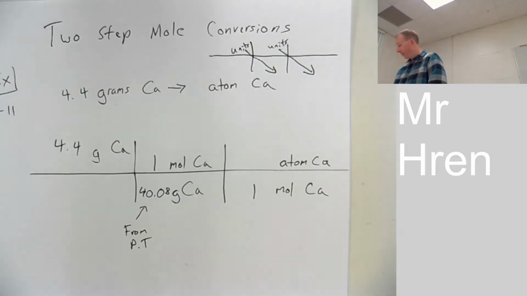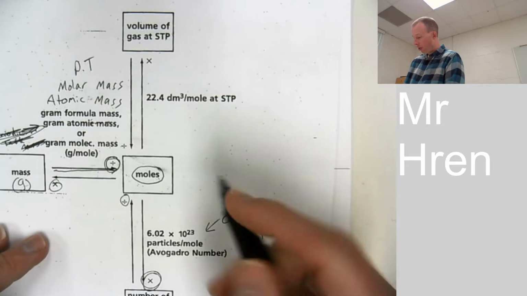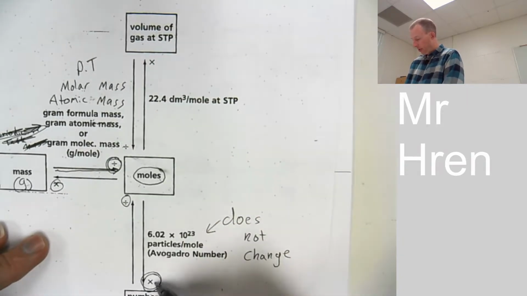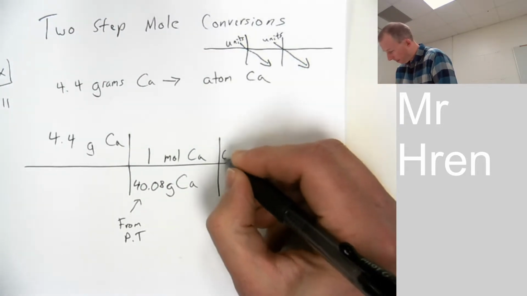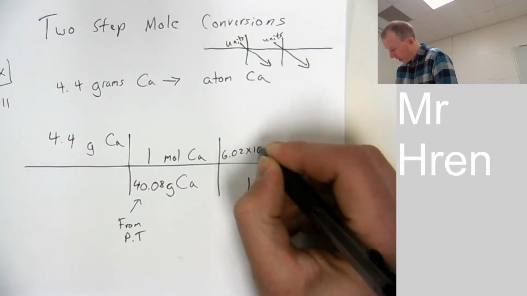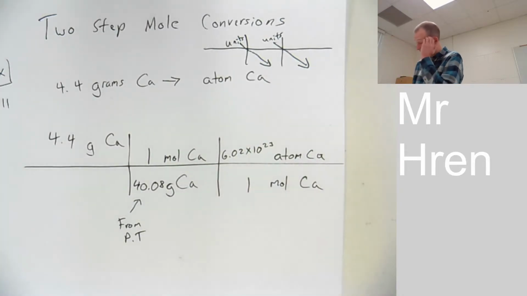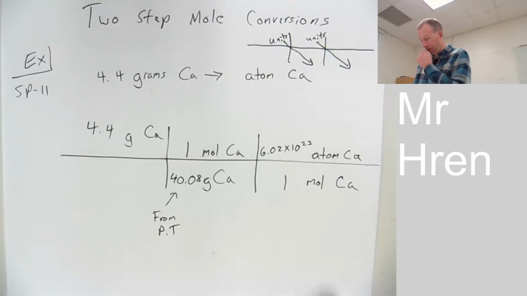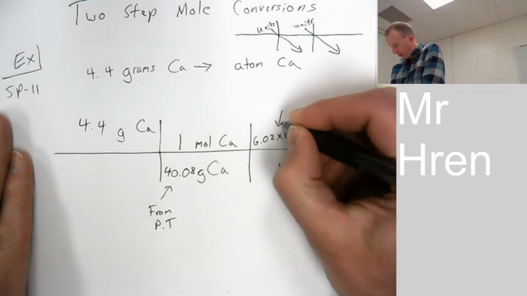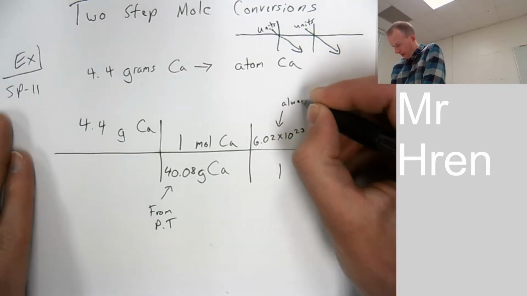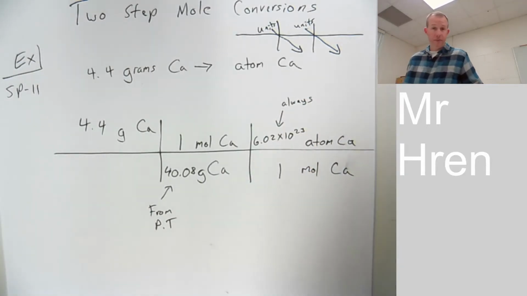Now, next step, your moles, you're going to multiply by Avogadro's number, 6.02 times 10 to the 23rd. And again, it doesn't matter what the formula is or what the element is. It's always Avogadro's number when you're converting to atoms or molecules, always.